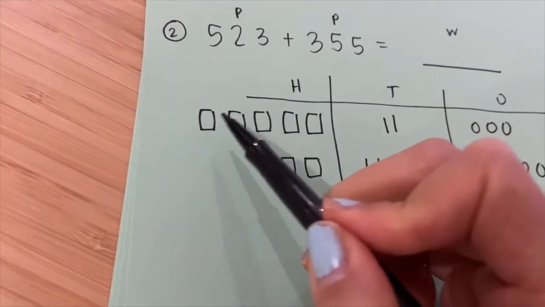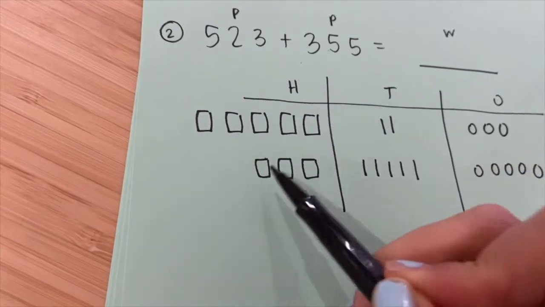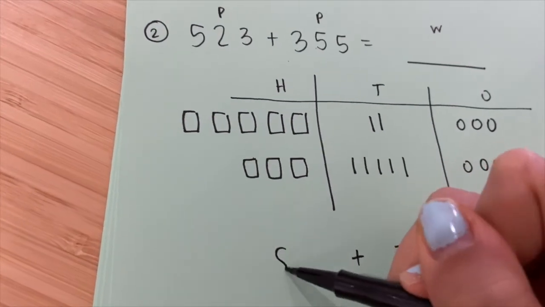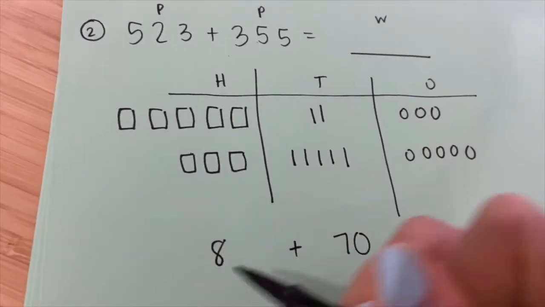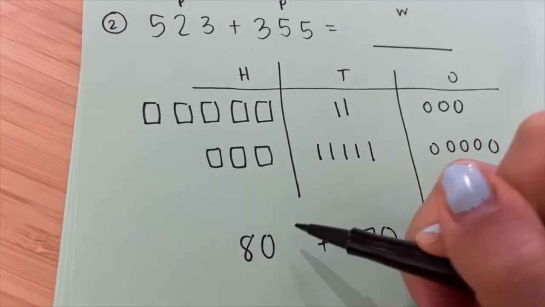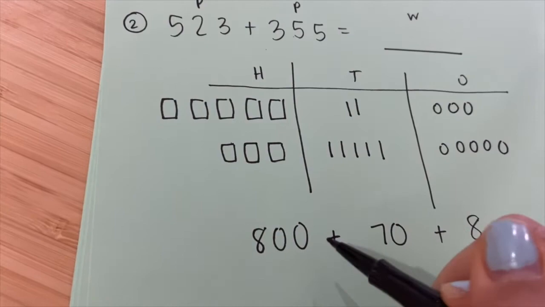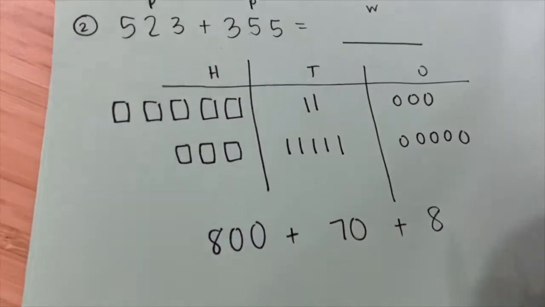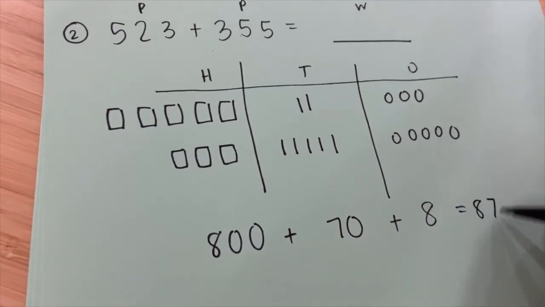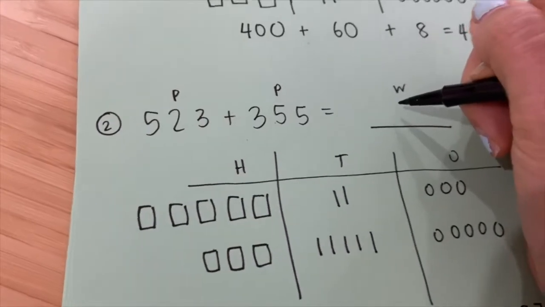Plus 1, 2, 3, 4, 5, 6, 7, 8. I'm not just going to write 8, I'm going to write 800 because the value of 8 hundreds is 800. 800 plus 70 plus 8 equals 878. Let me put it back in the blank.